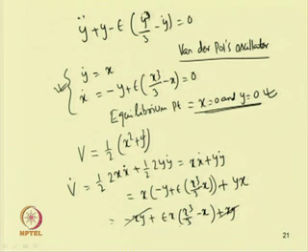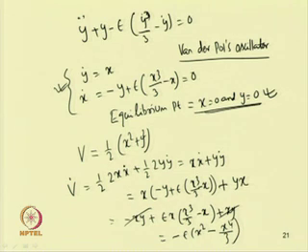This term can be written as epsilon into (x fourth by 3 minus x square), that is, minus epsilon into (x square minus x fourth by 3).